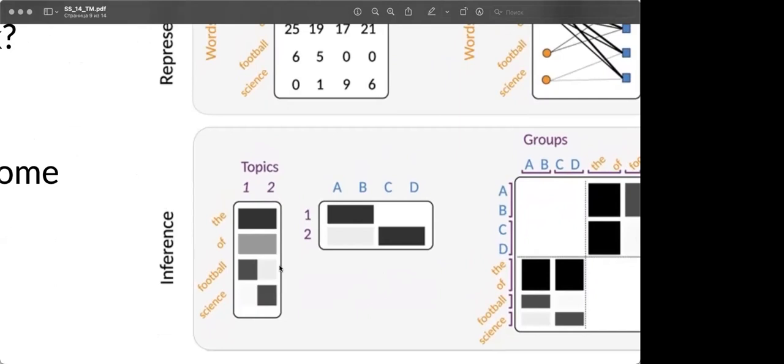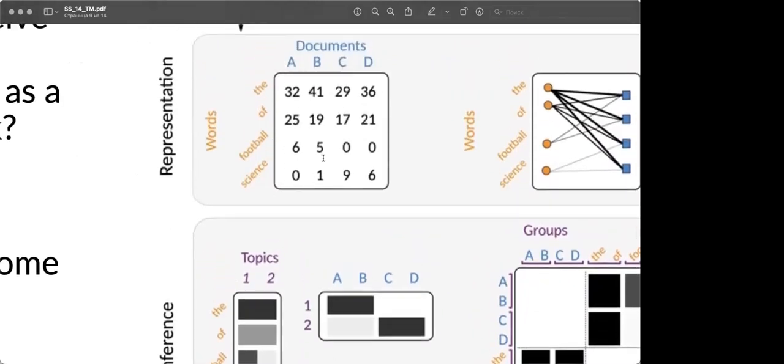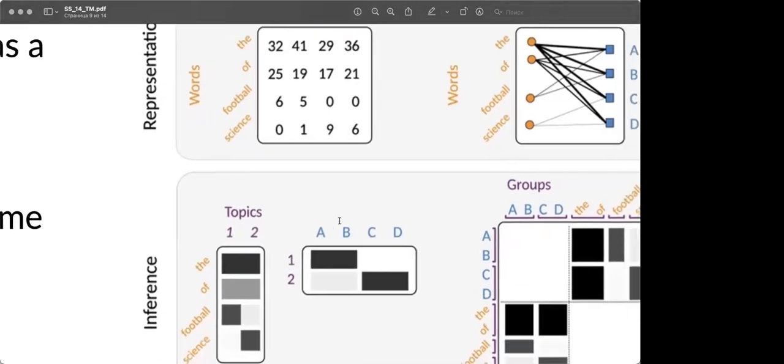So we see that, for example, documents A and B have the word football in them, and documents C and D have the word science in them. Thus we can suggest that maybe documents A and B are similar in that they talk about sports and football, and documents C and D are also similar because they talk about science.